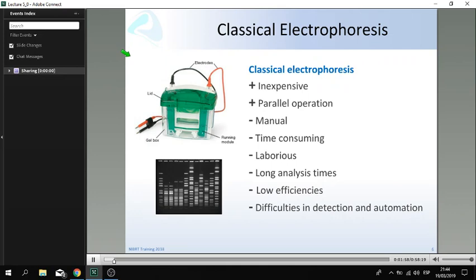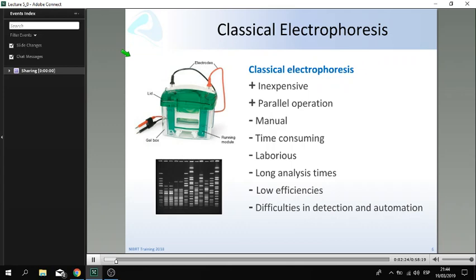That means that you have your gel with little wells in it, so you can load a few samples at the same time, depending on how many wells you have. You let them run and separate at the same time, so all of your samples are going through the gel at the same time. That is my parallel operation.